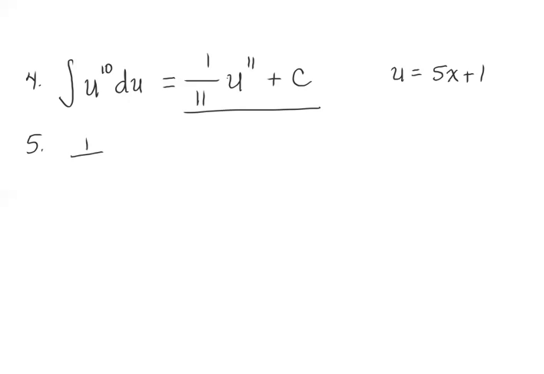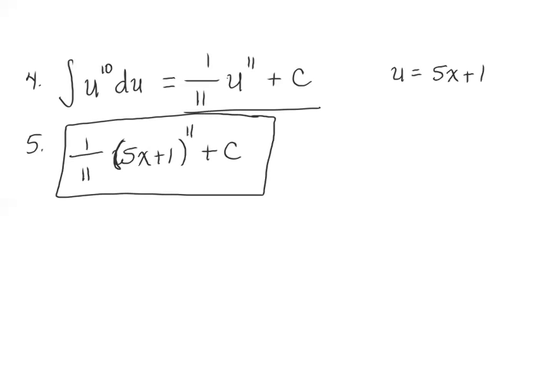So it's equal to 1/11 times u, which is 5x plus 1 raised to the 11th power plus c. So that expression is the integral of 5 times 5x plus 1 to the 10th power plus c. Okay, let's do another example.